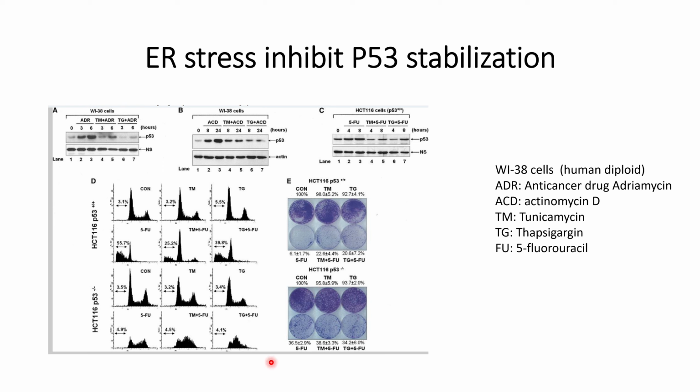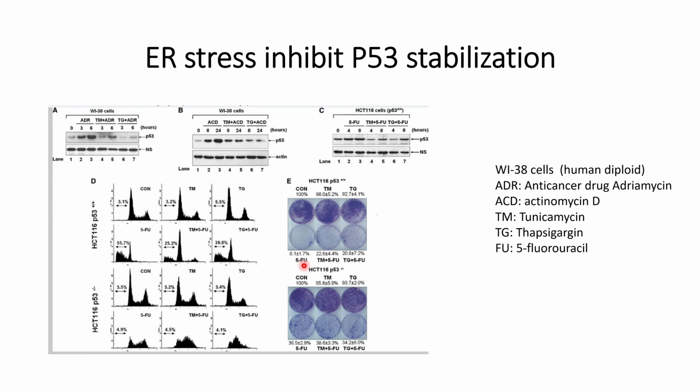And the final experiment is done on the colony formation. As we can see in the top figure of panel E, the colony formation is high in the control cells, as there is no trigger for the expression of p53.